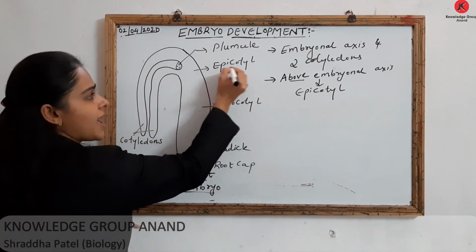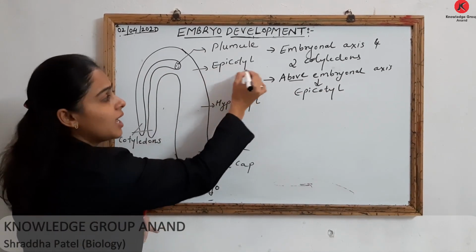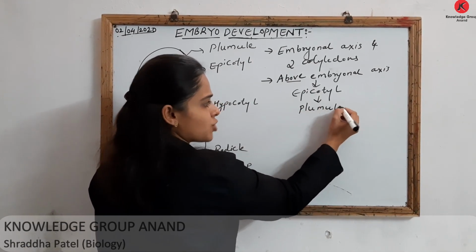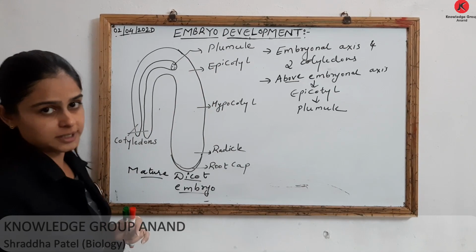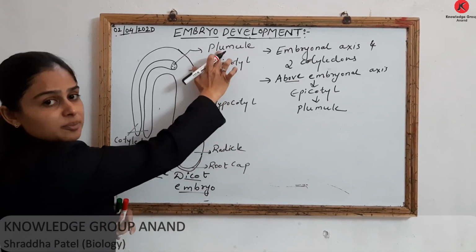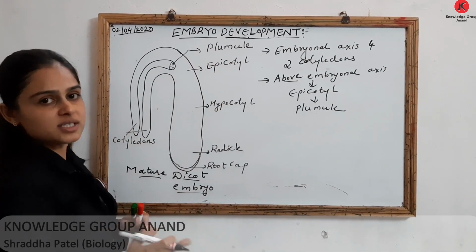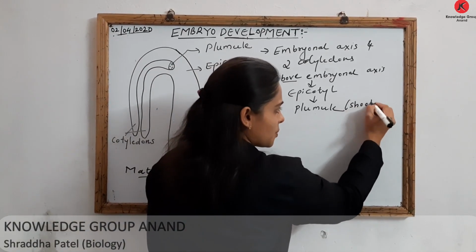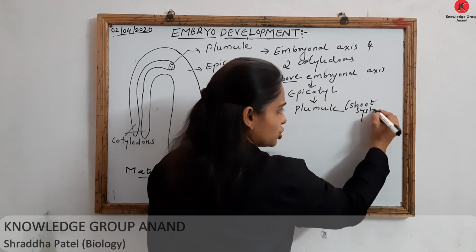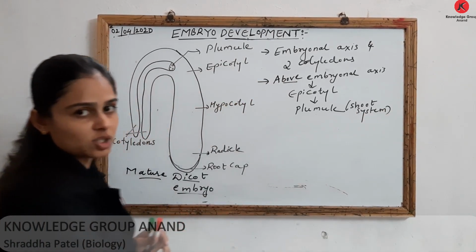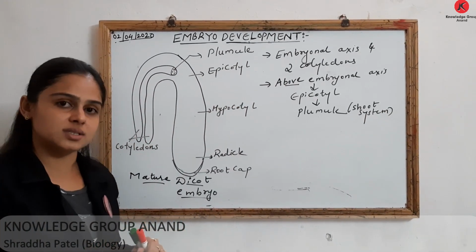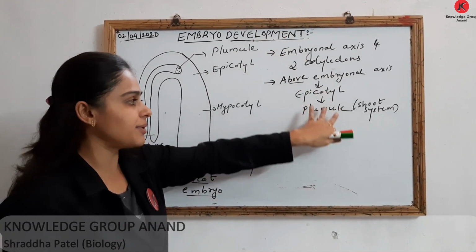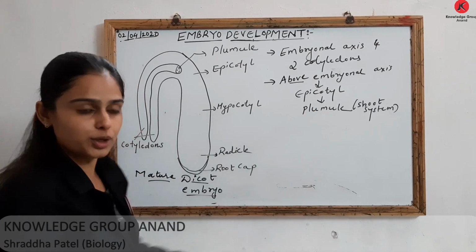It is called epicotyl, and this epicotyl terminates into a structure called plumule. And you people very well know that plumule is responsible for giving rise to shoot system. Okay. So embryonal axis above structure is called epicotyl, which terminates into plumule.